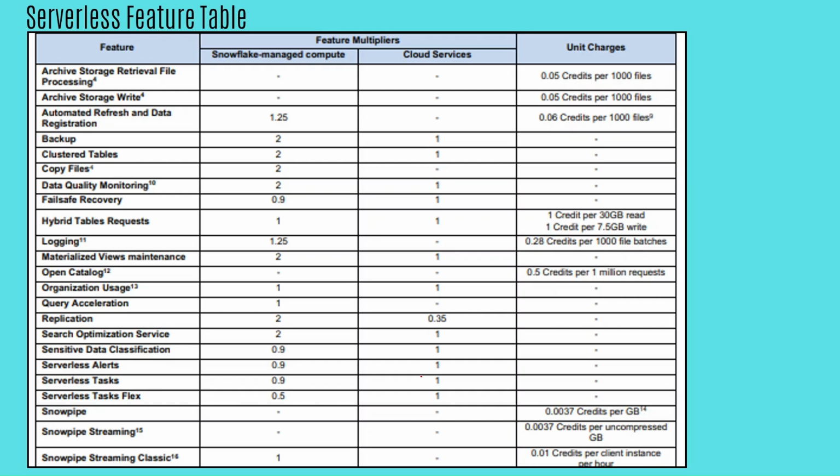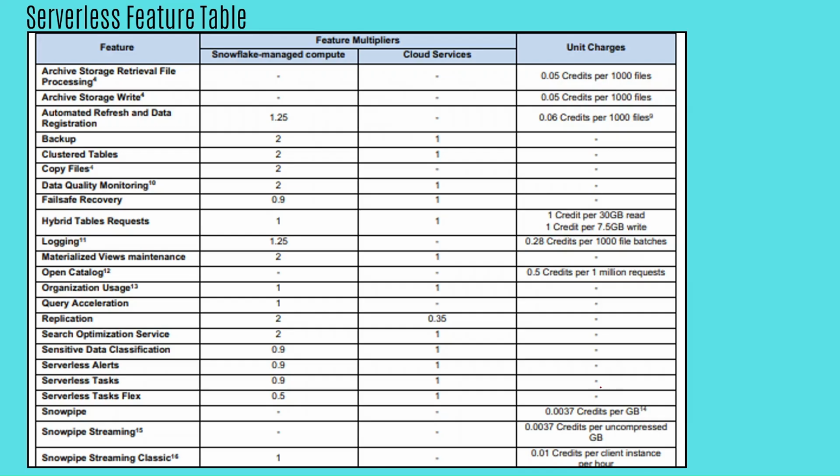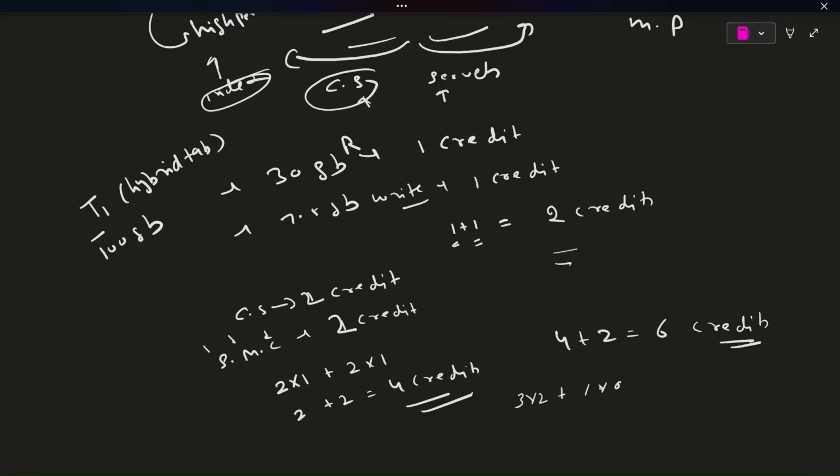So let's say Snowflake managed compute ran for 3 hours, and in 3 hours it consumed 3 credits. Got it? Then 3 credits multiply this 2 multiplier, plus, let's say this cloud service consumed 1 credit, multiply 0.35.